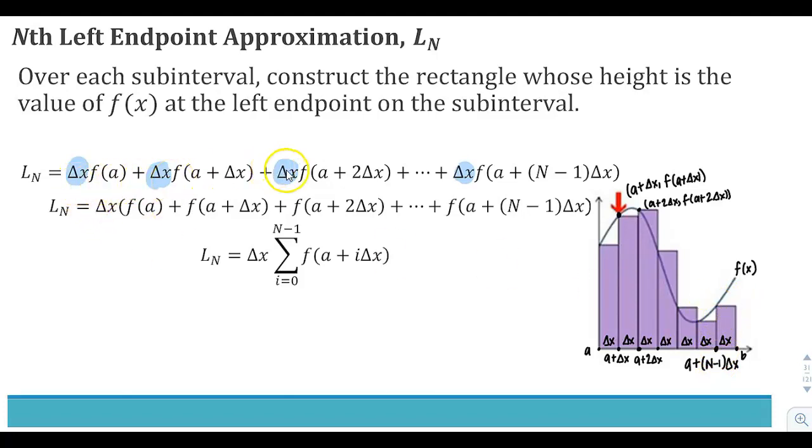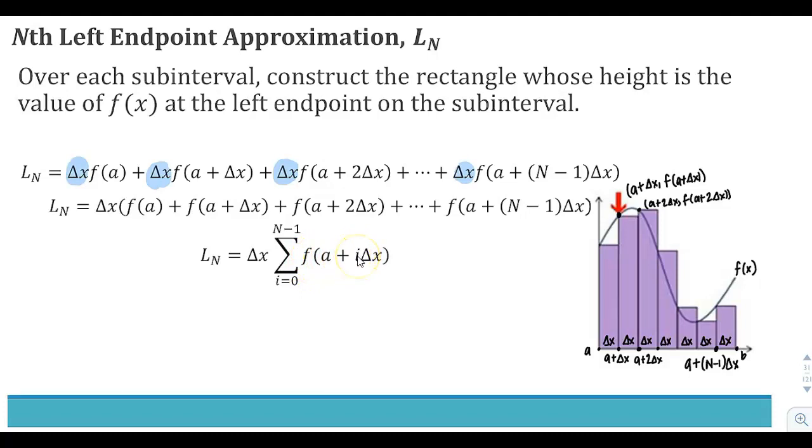Now, since all of these have delta x in common, we can go ahead and factor it out, which we did on a few of our examples. So delta x is pulled outside, and then we have left just the heights added together. Whenever we're adding a bunch of terms together in this type of pattern, we can use summation notation. So the delta x, since it has been factored out, is written in the front, and the function values inside the summation are f of a plus i delta x.